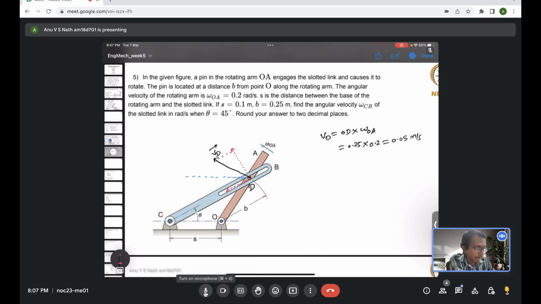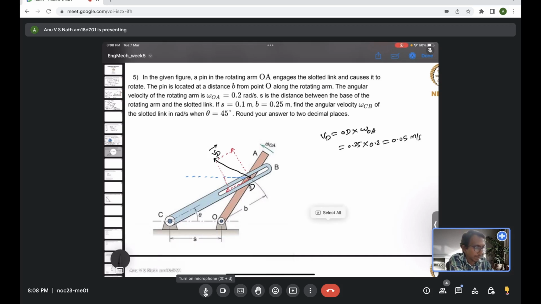Now, as I mentioned earlier, we can understand why we need to resolve this VD. For the same point, the velocity is now transmitted. From the link OA, you can assume the point D is getting a velocity VD. When it is transmitted to the link CB, for the same point it has two components, the tangential component and the normal component. The normal component is causing it to slide along the slot. The tangential component is basically the rotary motion for the link CB.